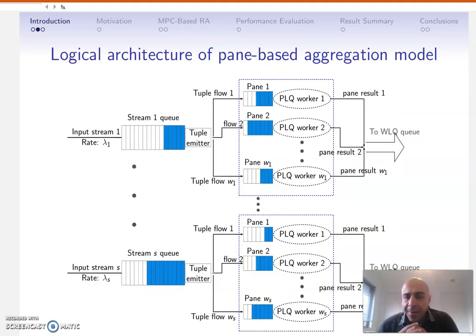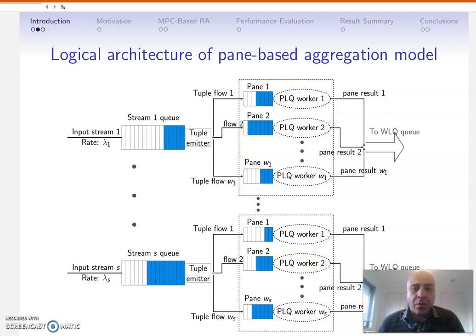This is the big picture of what's happening inside Flink. We have workers, which we call pane-level workers, and each worker has a pane buffer, and you can measure the size of this pane buffer. We also define one buffer per worker or per machine, and per application you can also define one buffer.